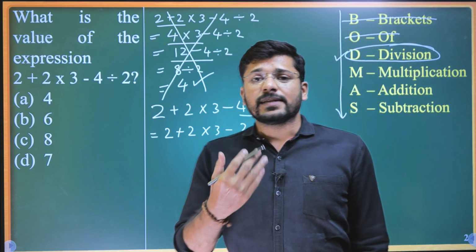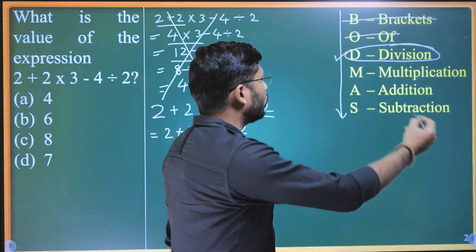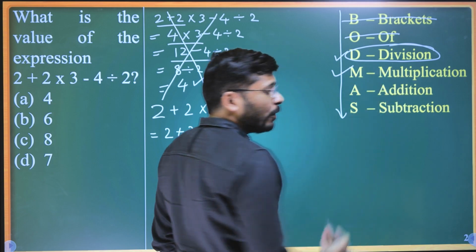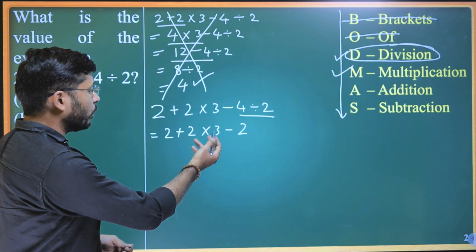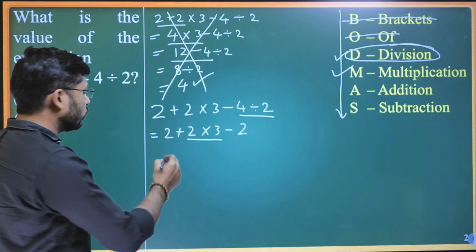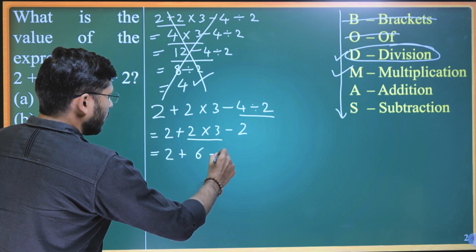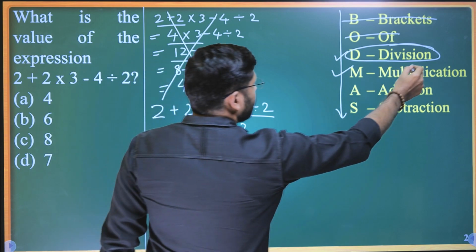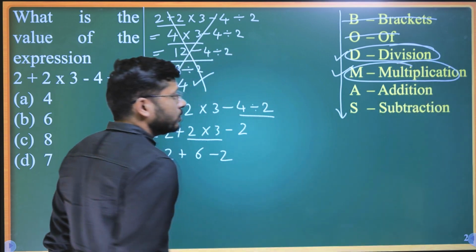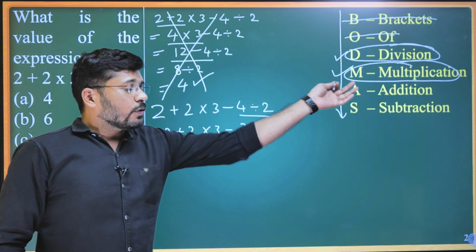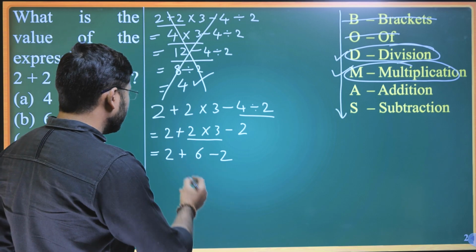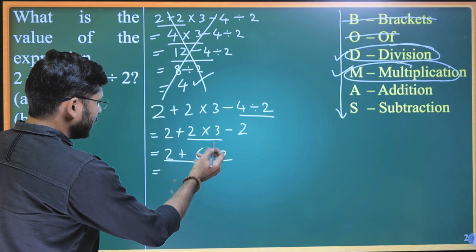Then which is the next operator that we will solve? That would be multiplication. Do we have a multiplication operator here? Yes, we do. So we'll do that one. 2 plus 2 into 3, that is 6, minus 2. So we are done with multiplication. Then what will we do? We'll go for the addition operator. 2 plus 6, what would it be?